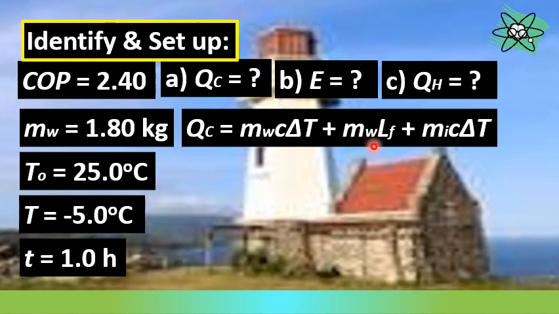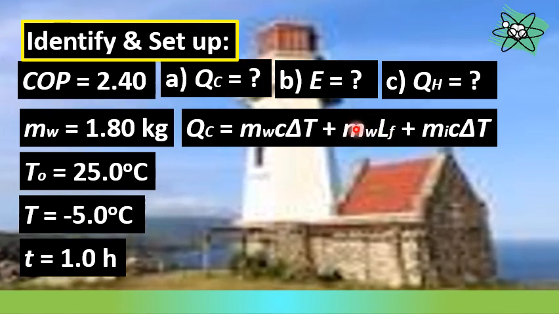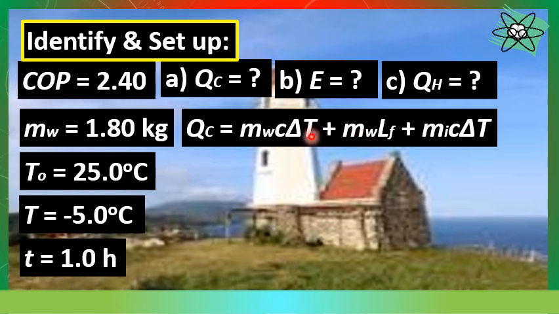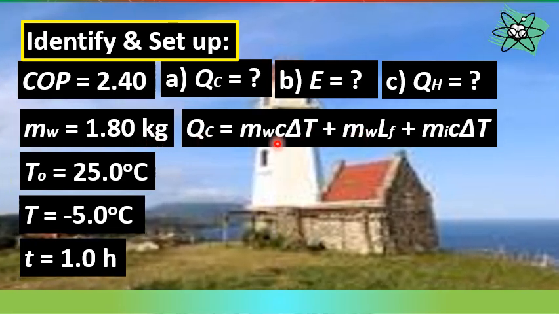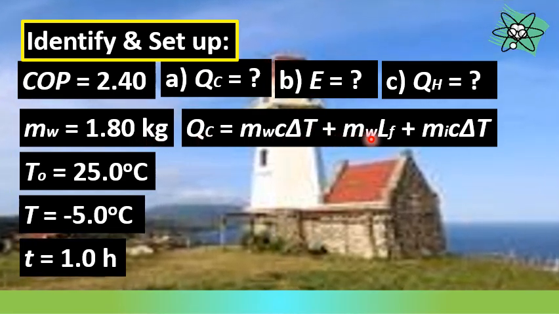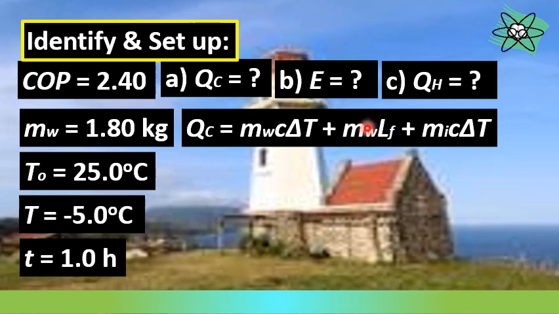This is simply the product of the same mass of 1.80 kilograms multiplied by a constant known as the latent heat of fusion of ice.